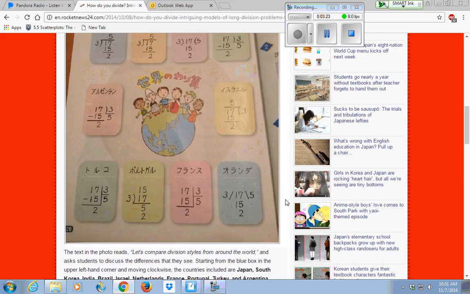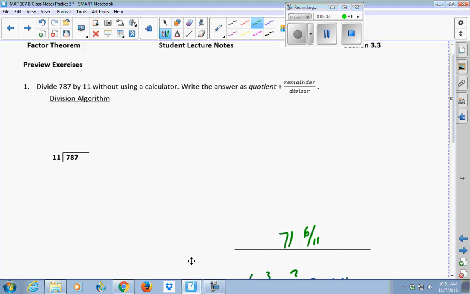So don't fret, you don't have to learn something different if you learned the long division algorithm in a different country. The same is true for multiplication as well. Multiplication isn't taught the same way in every country. So just a little mathematical diversity for you.